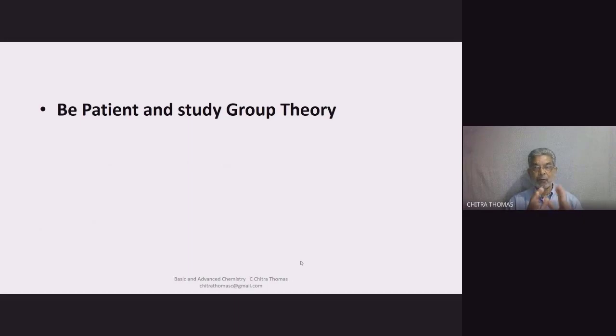Now, before I proceed to the real discussion of group theory, I want to make certain things very clear at the outset. Be patient and study group theory. Since group theory is an abstract topic, you won't be able to grasp the nuances of the concepts in the first reading.